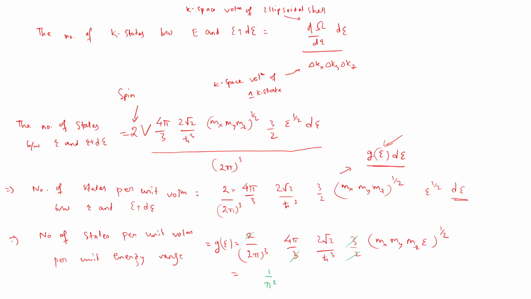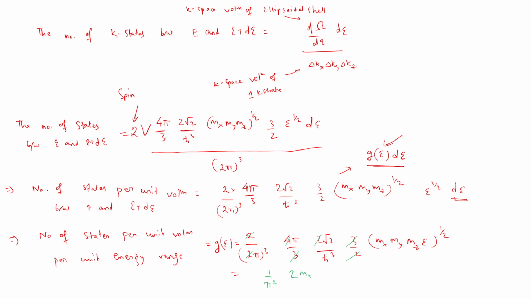So pi square, because pi will cancel 1 pi in this cube. Here it is 8, it will cancel these two. These two will come into this bracket because there is a square root.